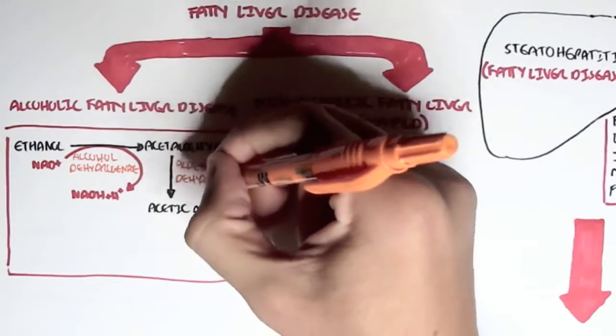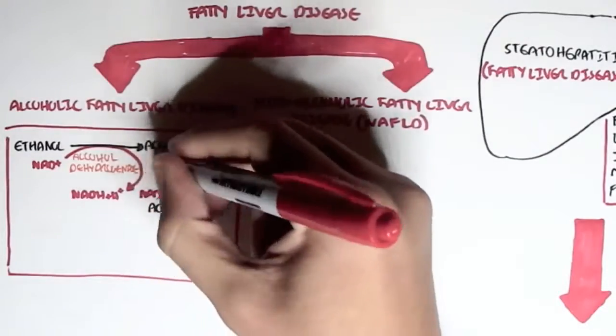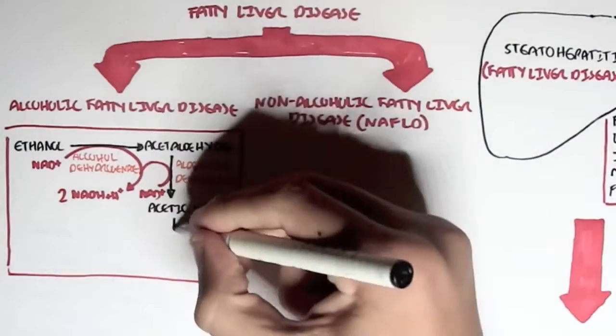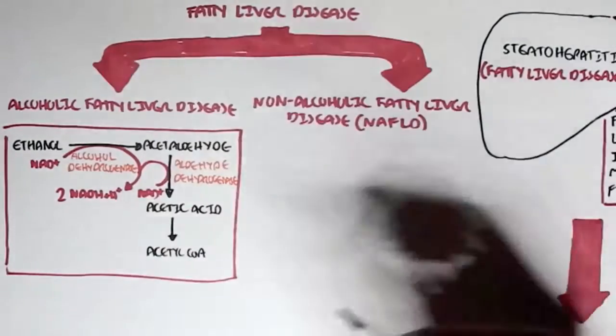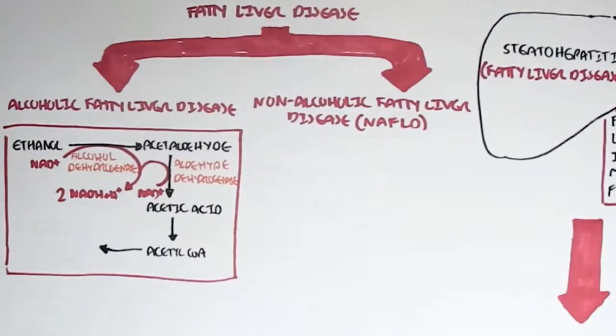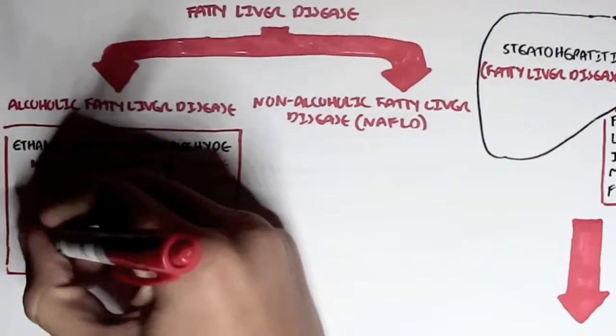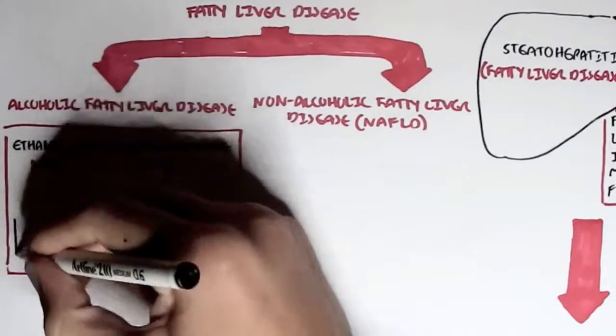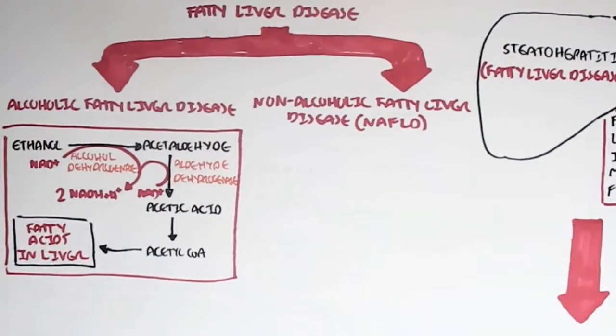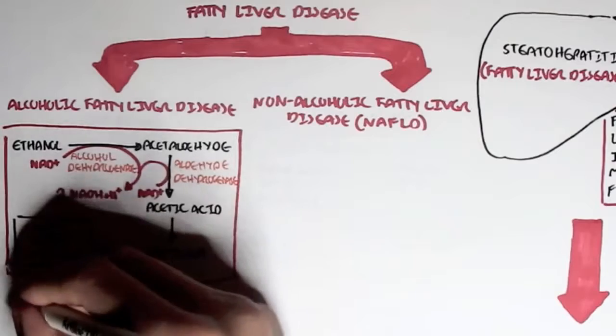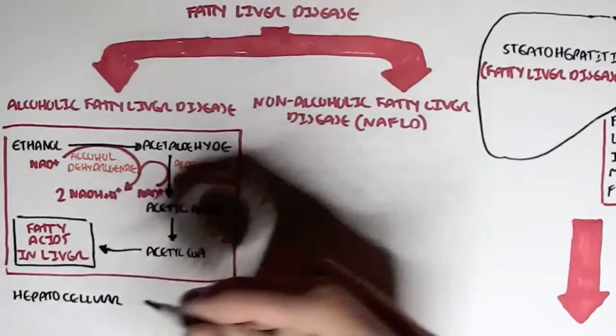NAD is also reduced to NADH here. So now we have two NADHs. Acetic acid can then convert to acetyl-CoA, which is the main precursor to fatty acid, so it can basically synthesize more fatty acids within the liver. And so we have a lot of fatty acids within the liver. So you have to know that with a lot of acetyl-CoA, it can produce a lot of fatty acids.